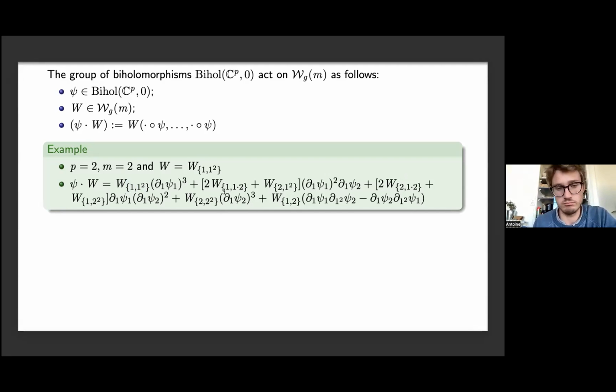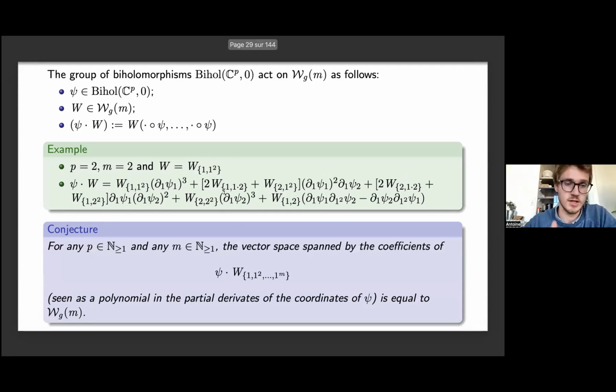And so a natural conjecture is the following: if you take any p and any m, then the vector space spanned by the coefficients of this expression, seen as a polynomial in the partial derivatives of the coordinates of the biholomorphism, should be equal to the space of geometric generalized Wronskians.